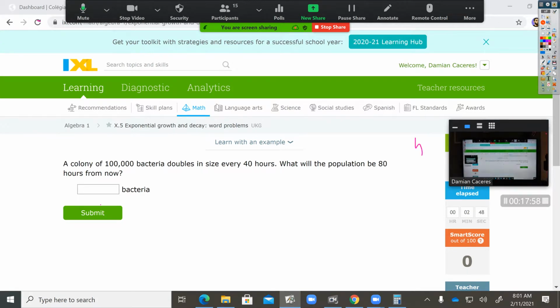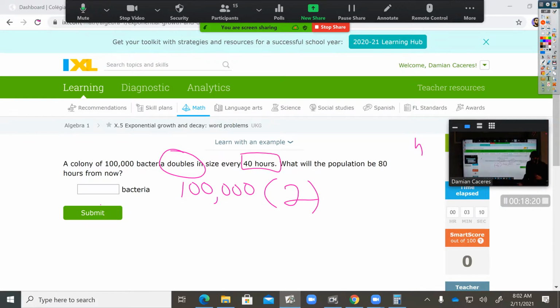What is the starting point of the bacteria colony? 100,000. It says it there. A colony of 100,000 bacteria doubles in size. If it says doubles, what are you putting in the parentheses? A 2. Every 40 hours.